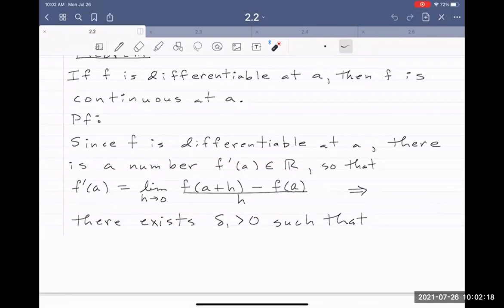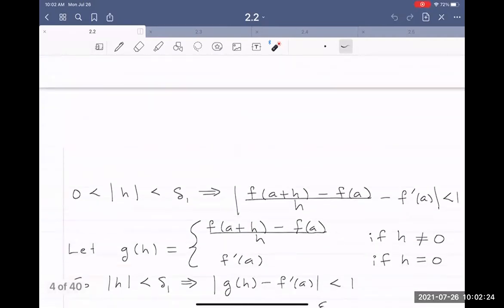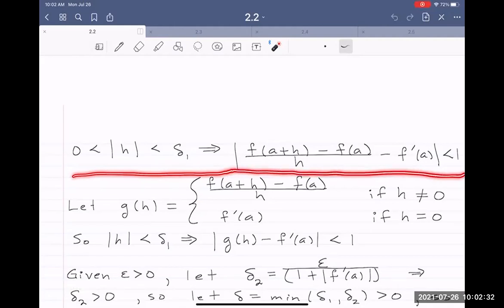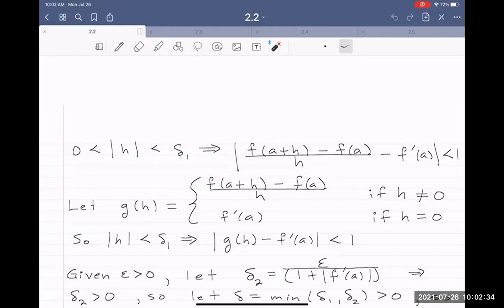So that means there exists a delta 1 greater than 0, such that if h in absolute value is between 0 and delta 1, then f of a plus h minus f of a over h minus f prime at a in absolute value is less than 1.